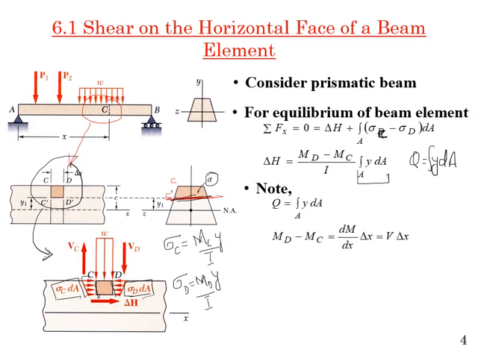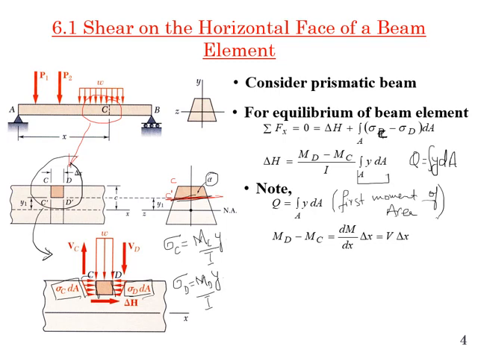So this Q, the integral over A of y dA, is the first moment of area. For the whole cross section it must be equal to 0, but we are interested only in this section, so we are taking it only for that section.